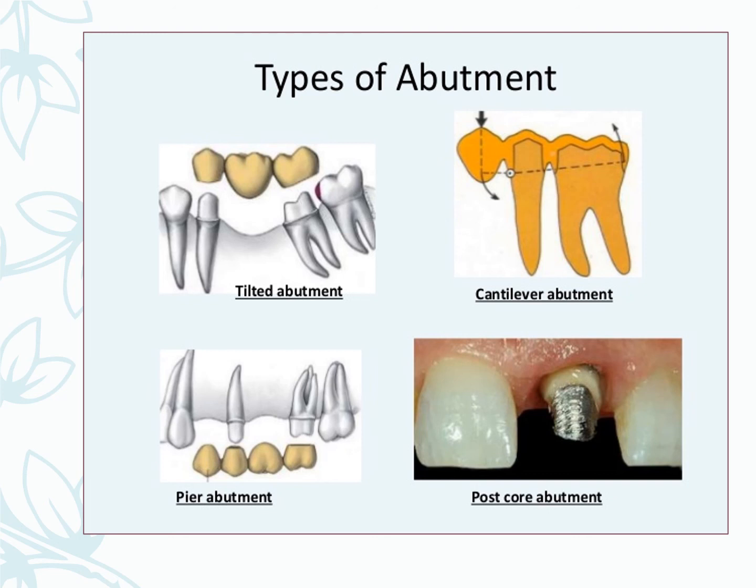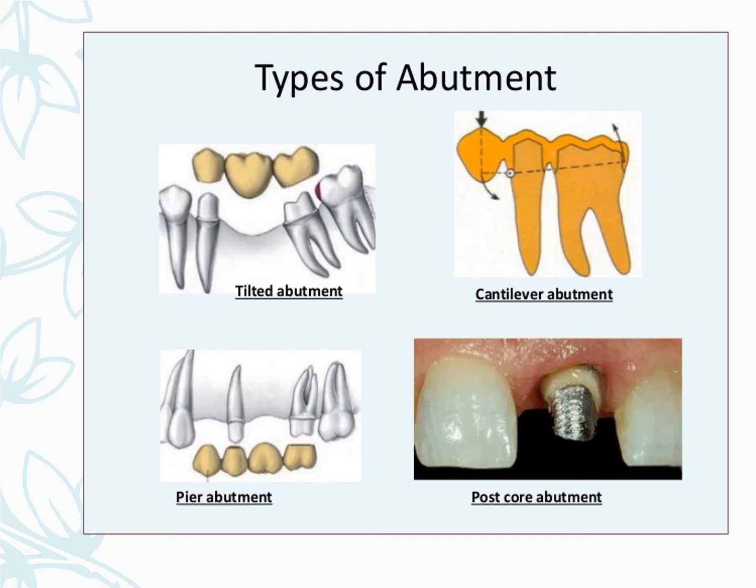You prepare the post space by removing some amount of the gutta percha that you placed in your root canal treatment, and place a ceramic or metal post in the prepared root. It helps in providing additional support because the post derives its support from the root, and on the post you build up the core restorative material.